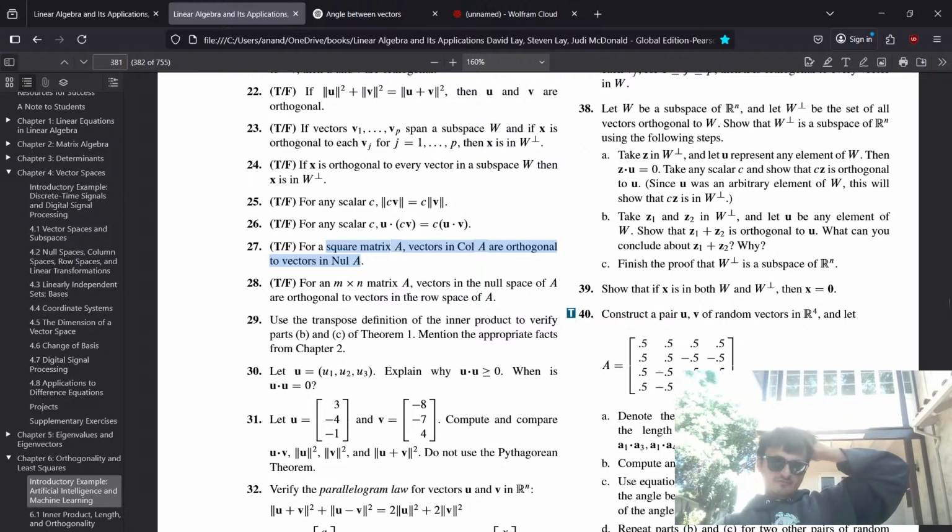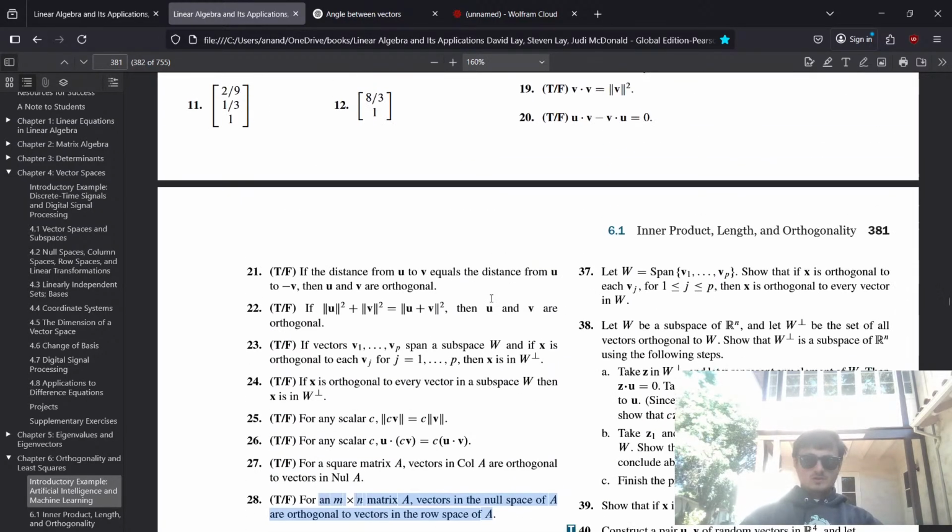Okay, 28. For an m by n matrix A, the vectors in the null space of A are orthogonal to vectors in the row space of A. That is true. That's true. Okay.